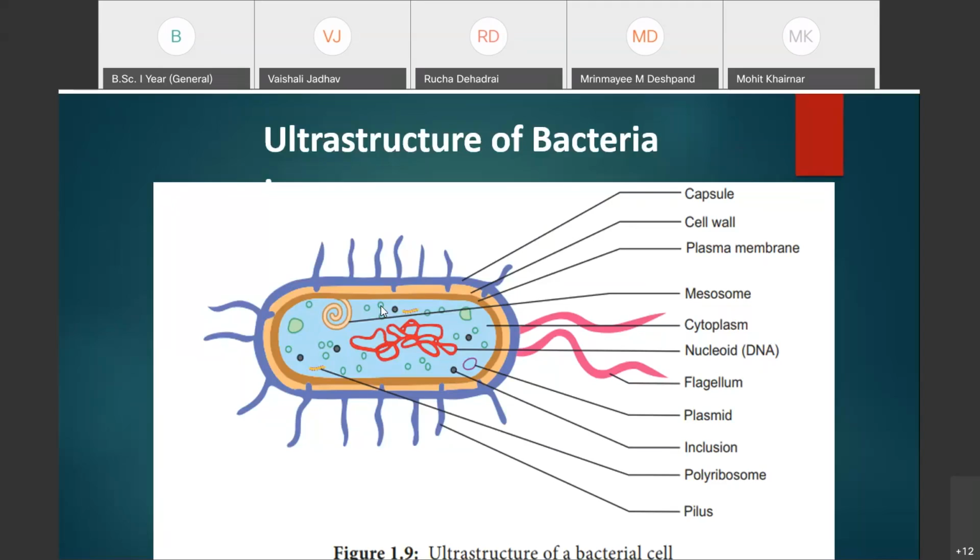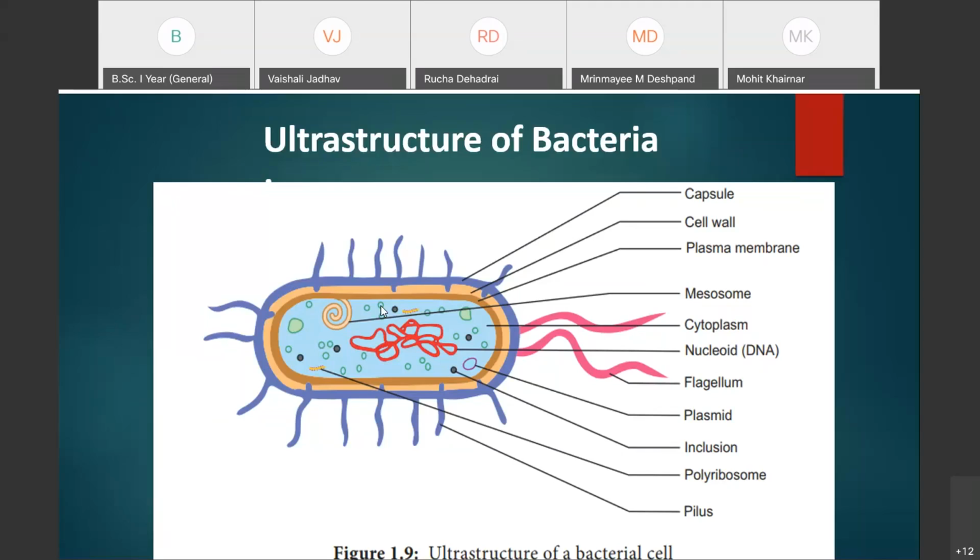The larger subunit is 50S, which is made up of two RNA molecules and 35 amino acid molecules.